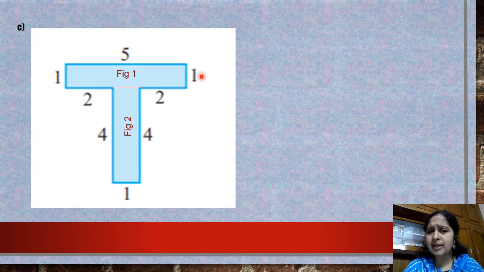Now what is the area of the figure 1? We know that the length of this is 5 units and the lengths they gave here are 2 and 2. So 2 plus 2 is 4, 5 minus 4 is 1. So what will be the length of this line? It is 1 unit. So now 5 into 1 is nothing but 5.